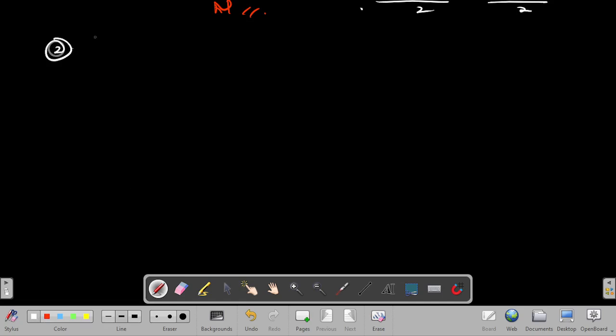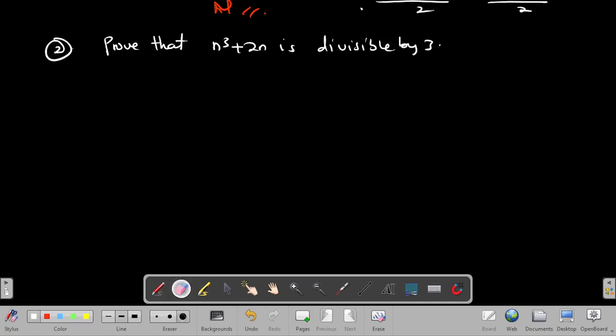I have an interesting problem here. It says, prove that the expression n cubed plus 2n is divisible by 3. Simple as that. Can you imagine?